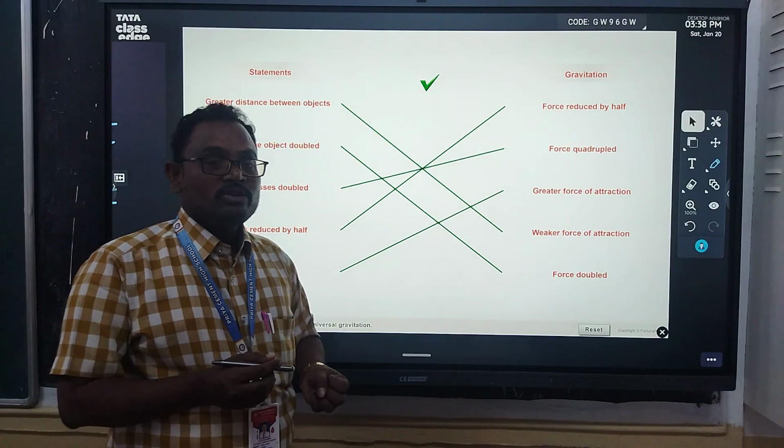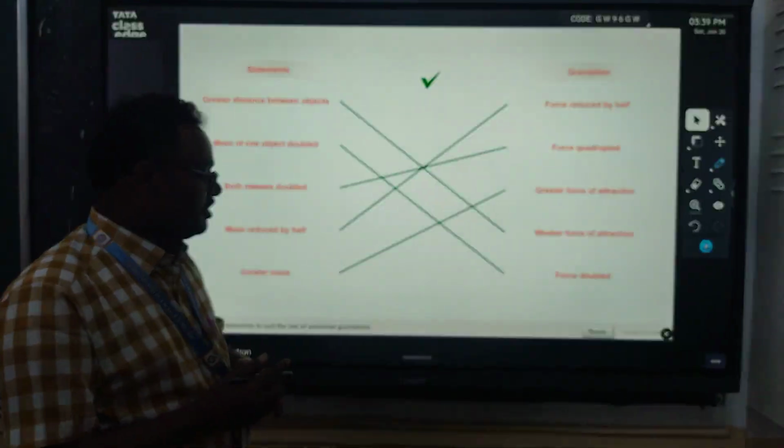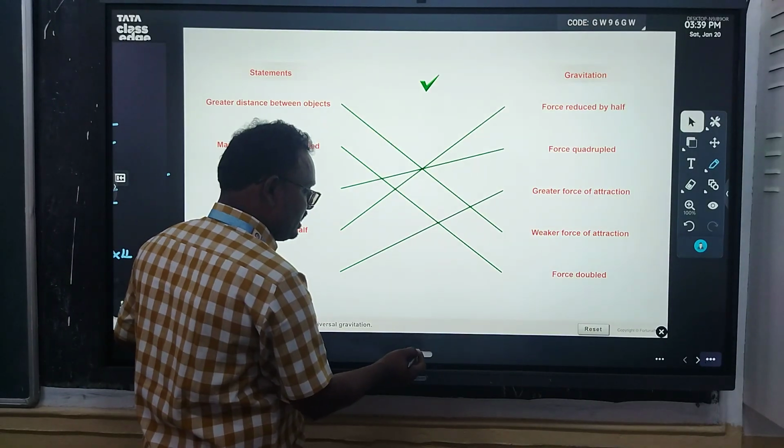Okay, then what about the gravitational force of the earth?